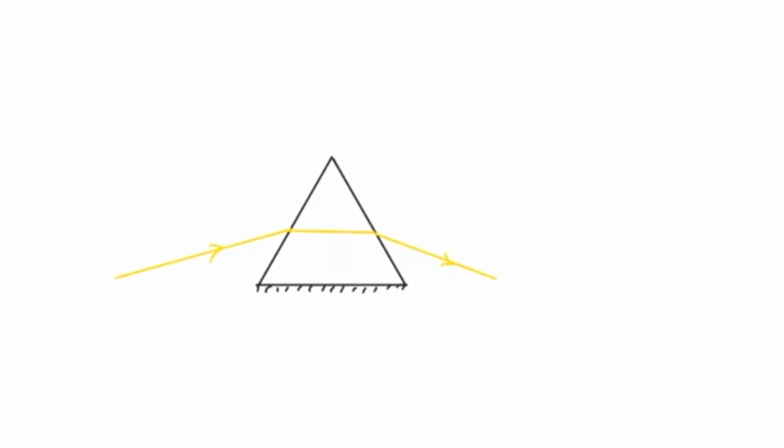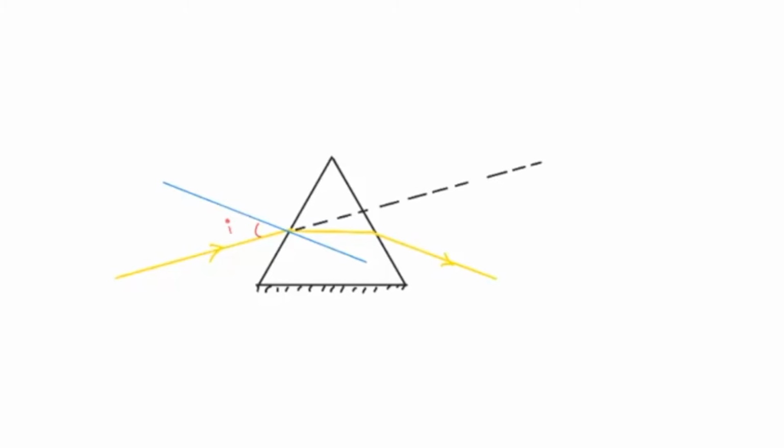If we want to know the angle of incidence, we will draw a normal over here. So this is I. Now I want to know the angle of deviation. For that we need to extrapolate the incident line. I'm making this dotted because that's not a real one.